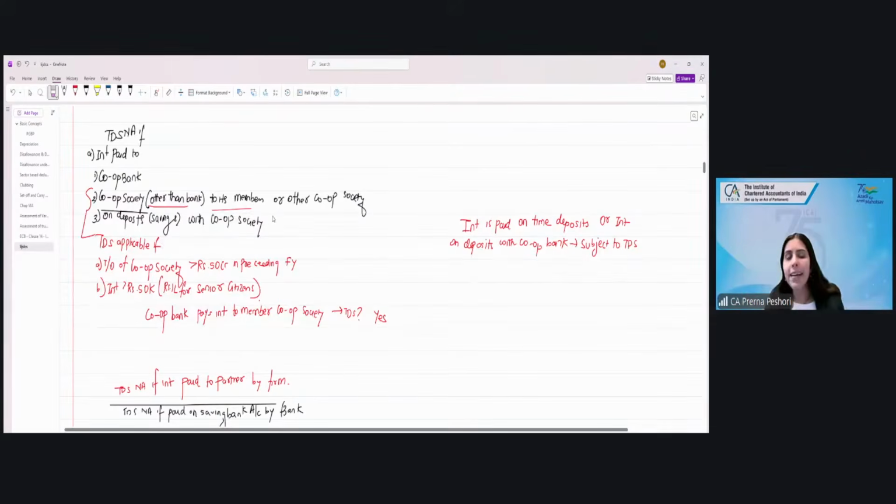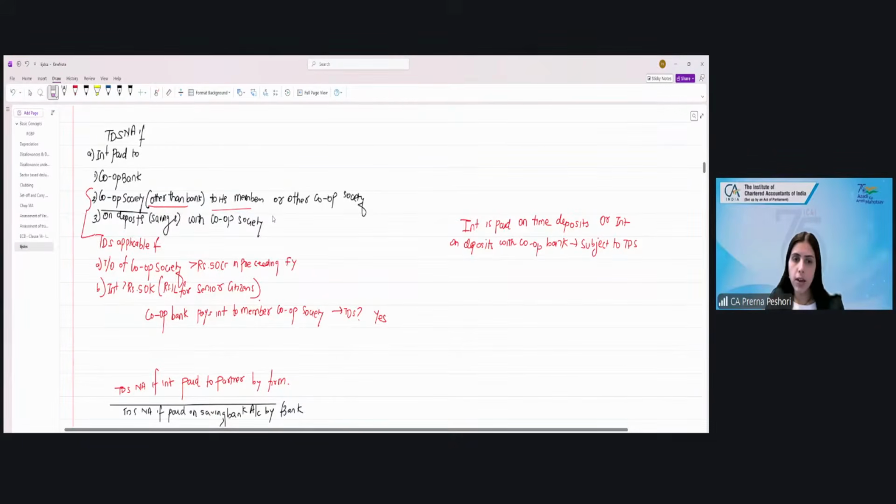Or 1 lakh in case the payee is a senior citizen. Are we clear? In that case, the interest paid to a cooperative bank or a cooperative society to its members or to another cooperative society will be subject to the TDS. Clear?